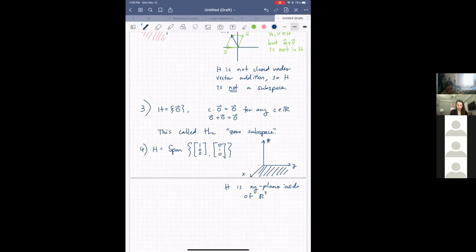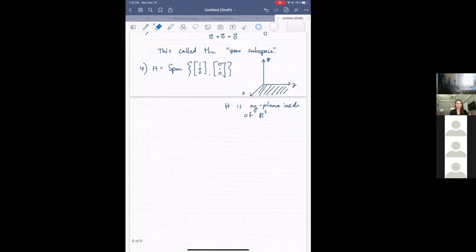It would continue over here, but the way I've drawn it, it's just this first quadrant-ish area. What I wanted to say by including this example is that you can think of your subspace as a copy of R2 inside of R3. That's the idea of a subspace: it's a linear space, one of our Rn's, sitting inside of a larger space.